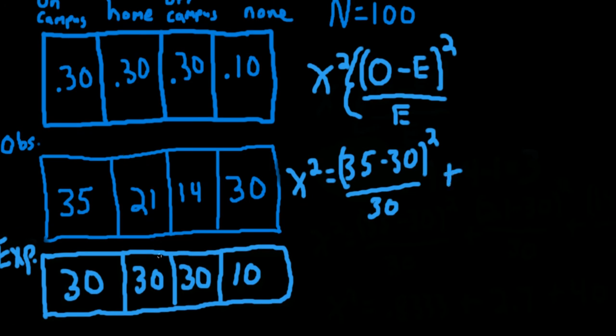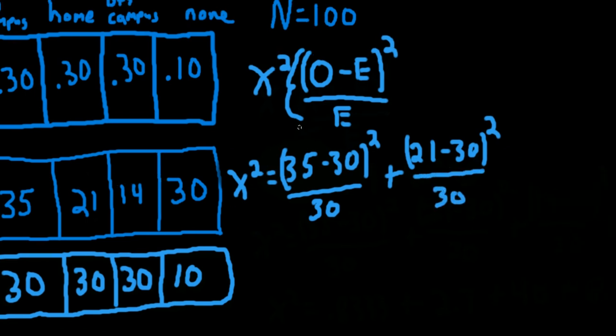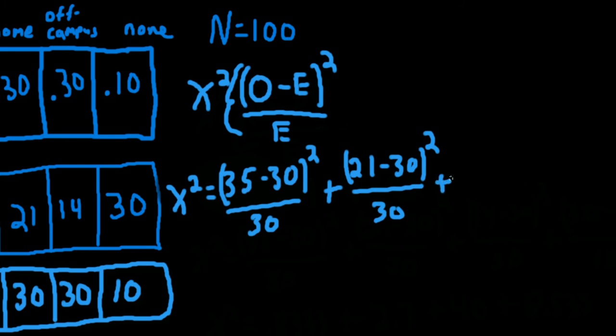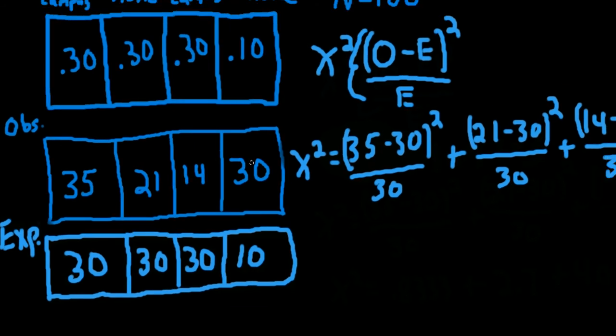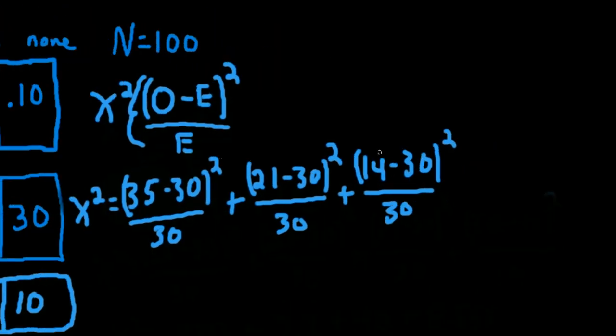We'll take 21 minus 30, square it and divide it by 30, and then finally 14 minus 30, square it and divide it by 30, and the last one is 30 minus 10, squared, divided by 10.